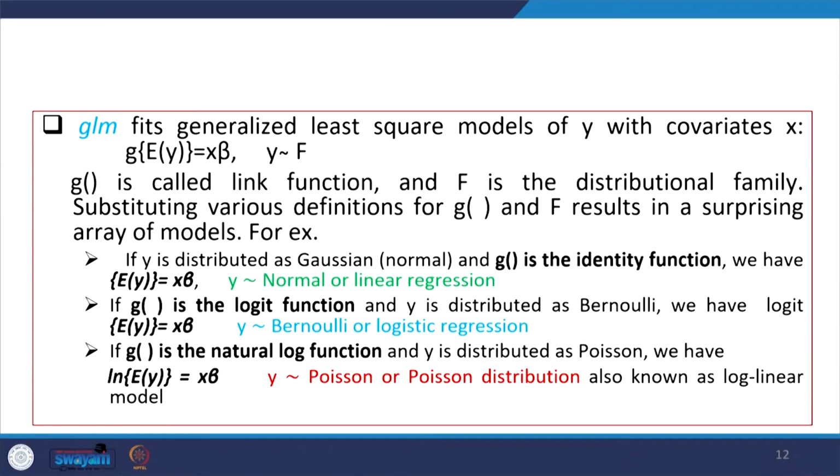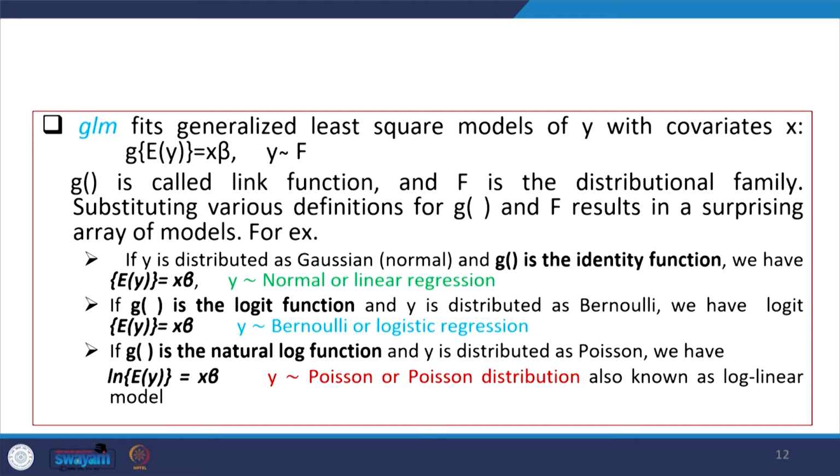Substituting various definitions for the g function and f results in a surprising array of models. So, if y is distributed as Gaussian normal and g is the identity function, we have the expected y as the normal distribution, or normal linear regression.